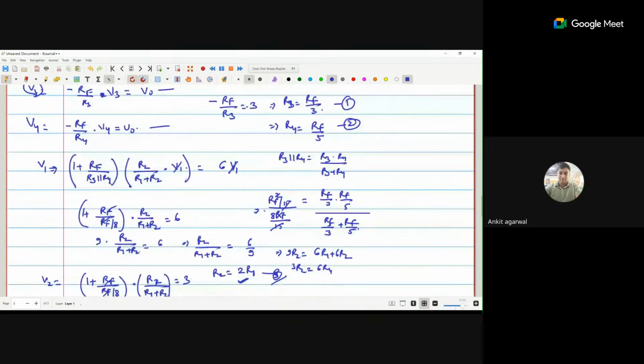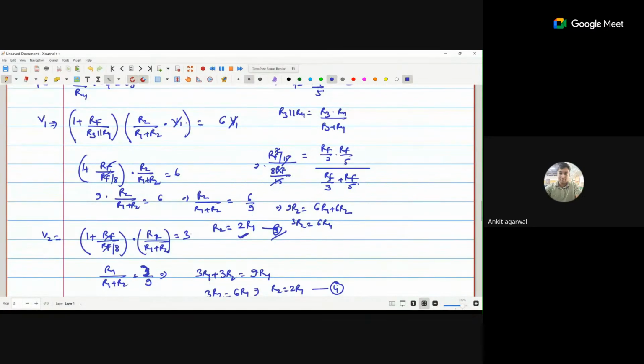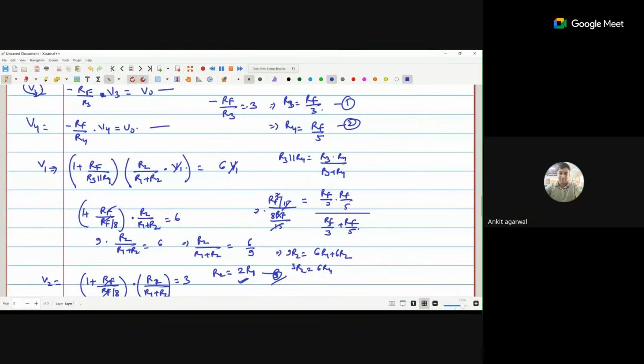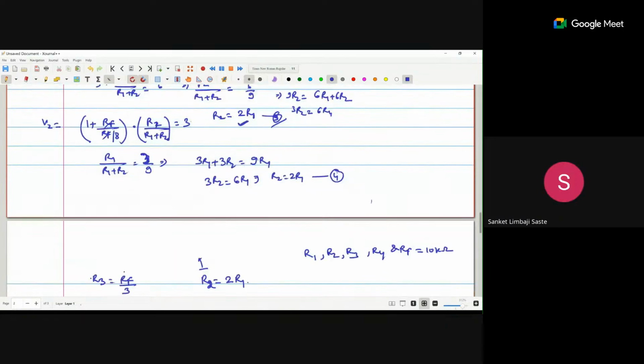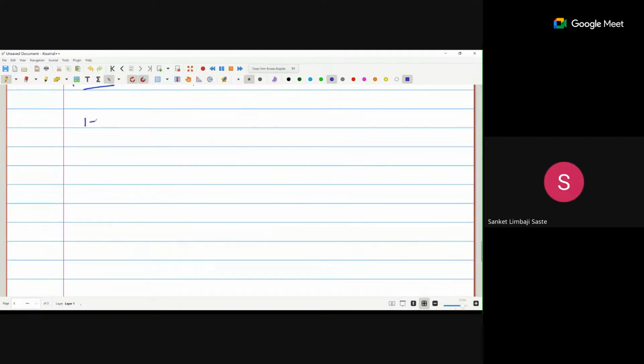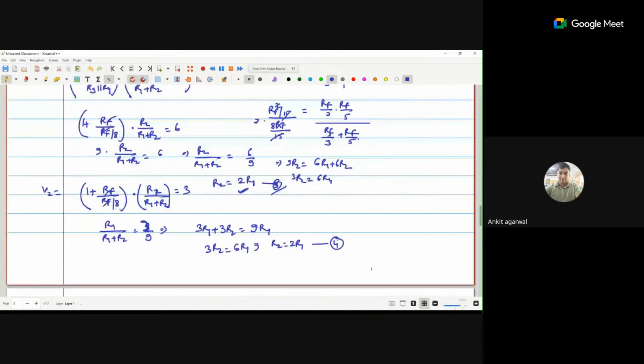Now what is the relation between R1, R2 and RF? So we go with the V1 equation. 1 plus RF upon R3 parallel with R4, times R2 upon R1 plus R2, that is 6.